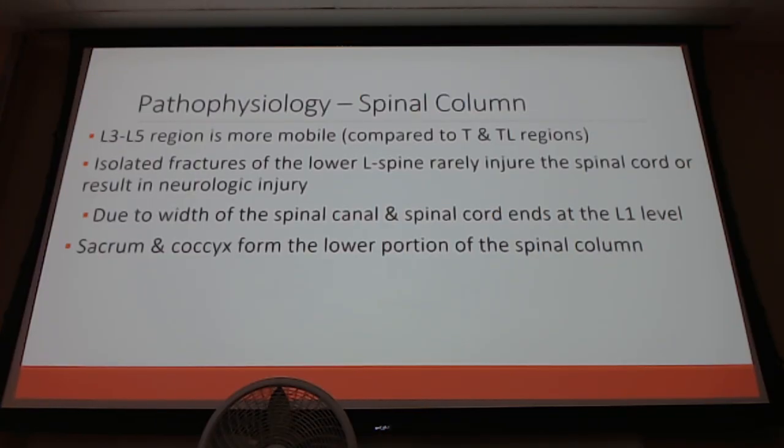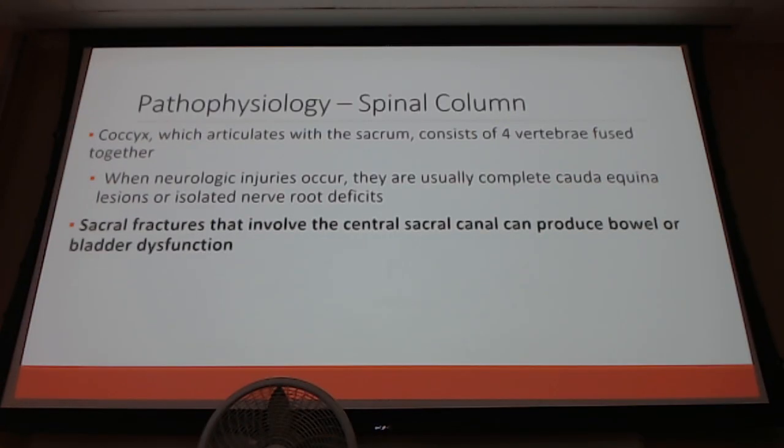Really, the sacrum can have concerning findings; a fractured coccyx, not so much. The coccyx articulates with the sacrum, so in this area, usually it's a cauda equina syndrome type picture if we have any injuries there. So they may have bowel and bladder dysfunction, which most commonly results in urinary retention, not so much that they pee or poop themselves.